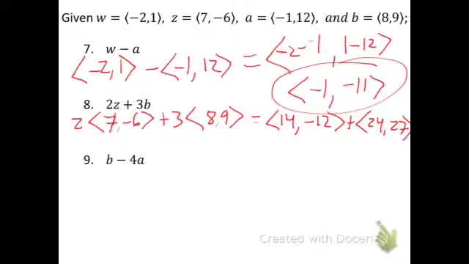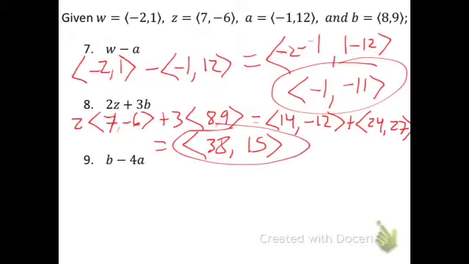When you add those together, 14 plus 24 is going to be 38. Negative 12 plus 27 is 15. And there you go. There's your resulting vector there.